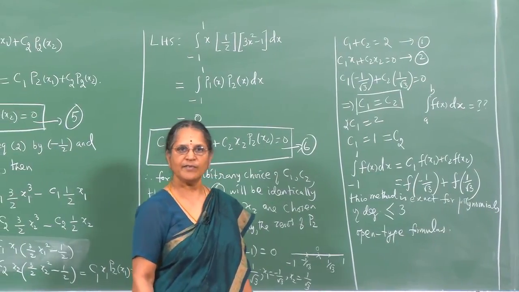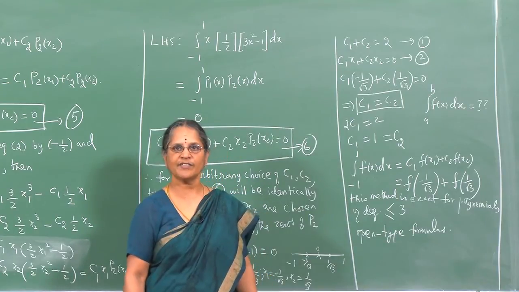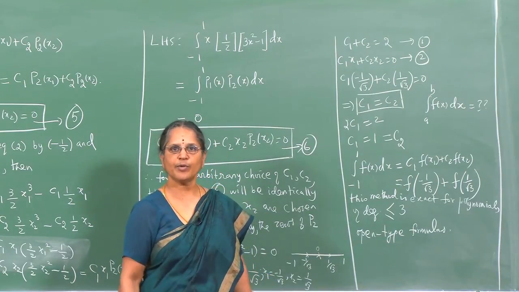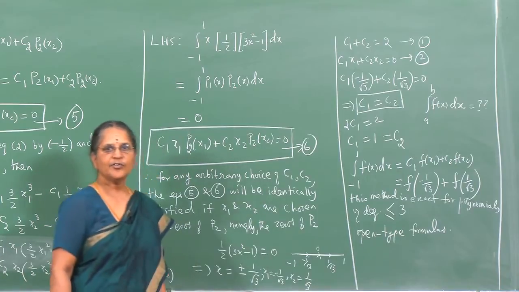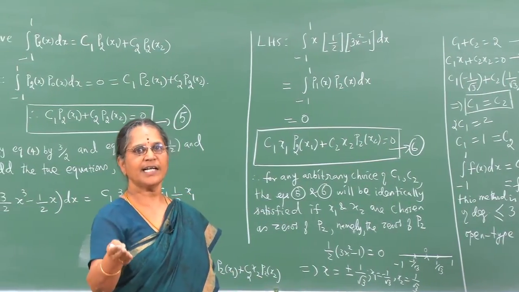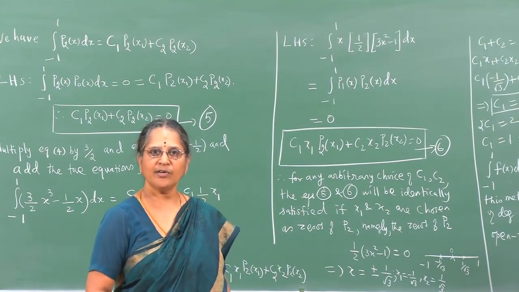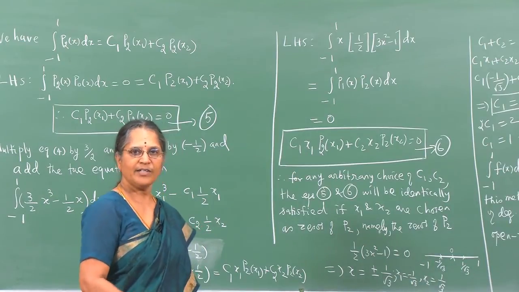So, we have to convert this integral a to b f of x dx to an integral of the form integral minus 1 to 1 f of x dx. So, we consider a transformation which converts an integral between a and b to an integral between minus 1 and 1. So, let us see how we can do this.